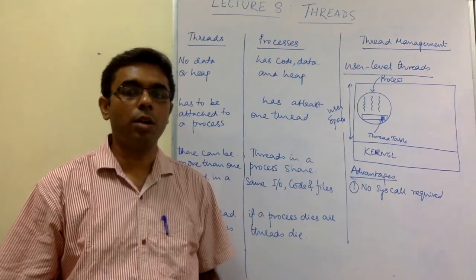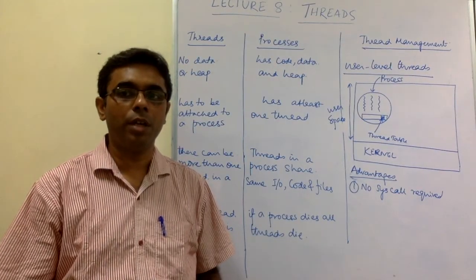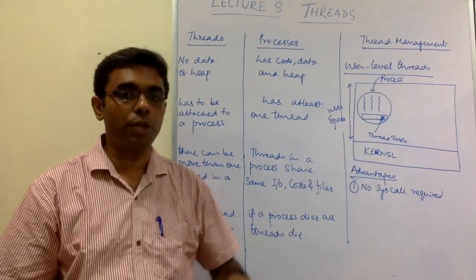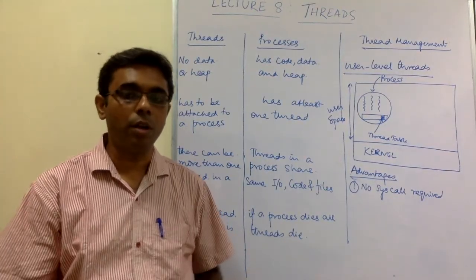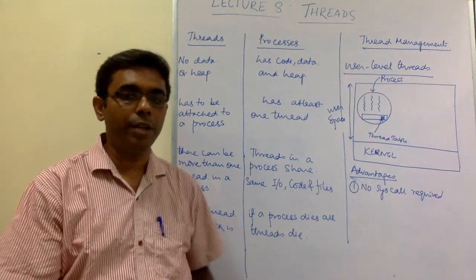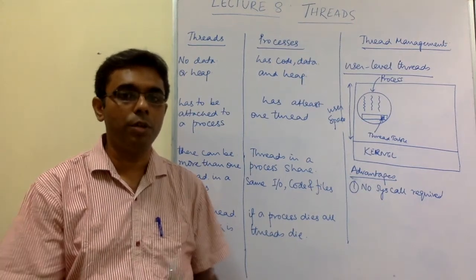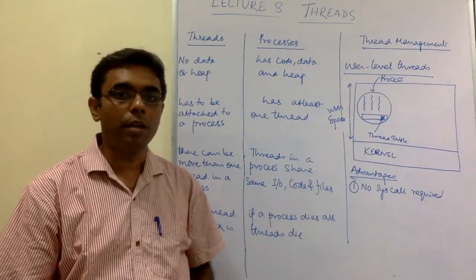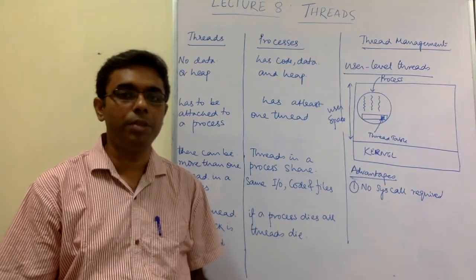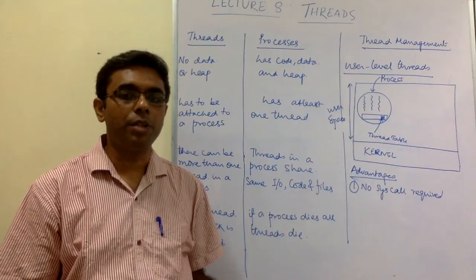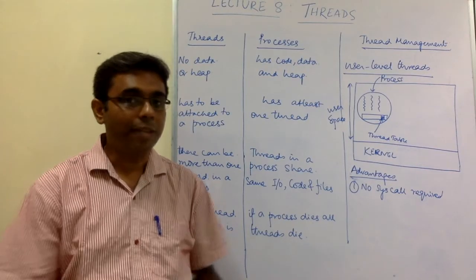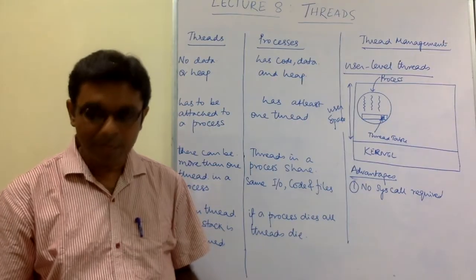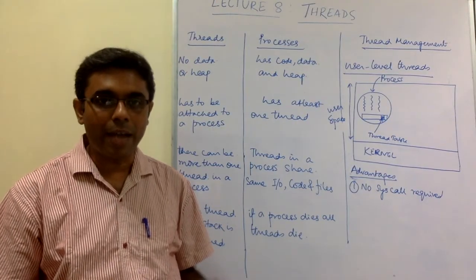Since no kernel services are involved here, unlike the creation of a process which involves the fork system call, in case of thread creation you don't need any system call if you are using these user level libraries. If you're using the pthread library, we simply use the pthread_create function, and that's not a system call. So it's very simple to create and manage.